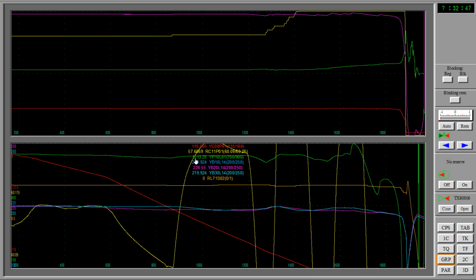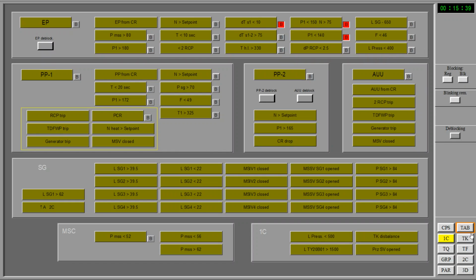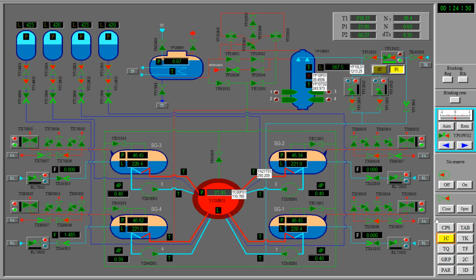Yes, this is the level in the pressurizer, and this could be the reason. Here it touched, here it went down, went up, it went down. Yes, exactly. So it's this level in pressurizer lower than 400, and I didn't pay attention to that, so that's totally possible.